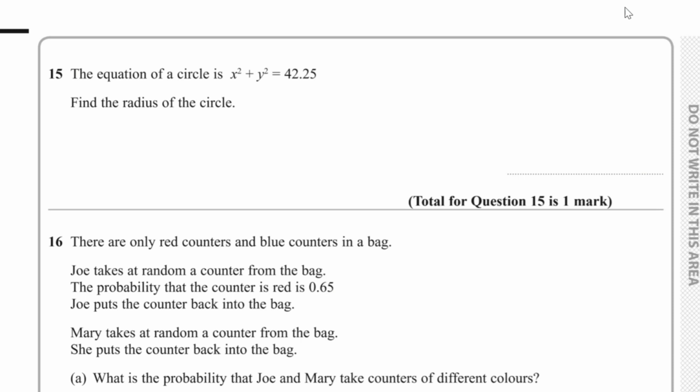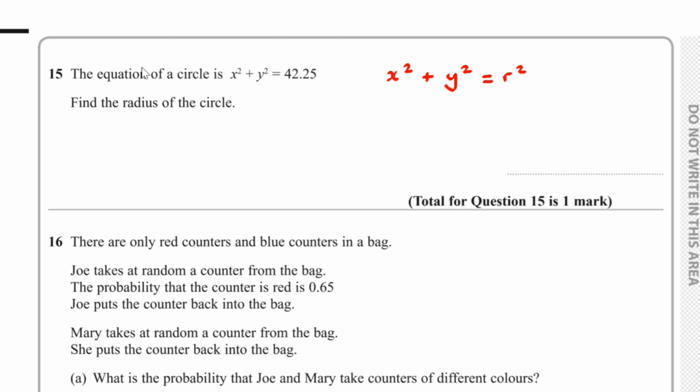Question number 15. The equation of a circle is x squared plus y squared equals 42.25. We have to find the radius of the circle. Well, the general form of a circle is given by x squared plus y squared equals r squared.